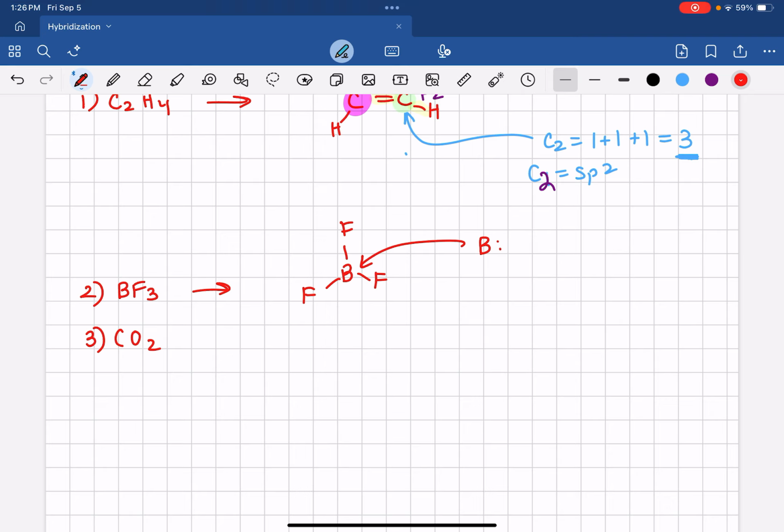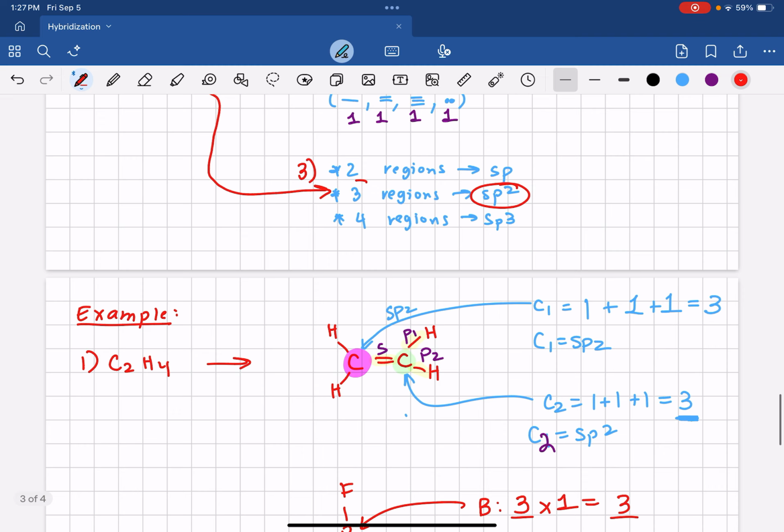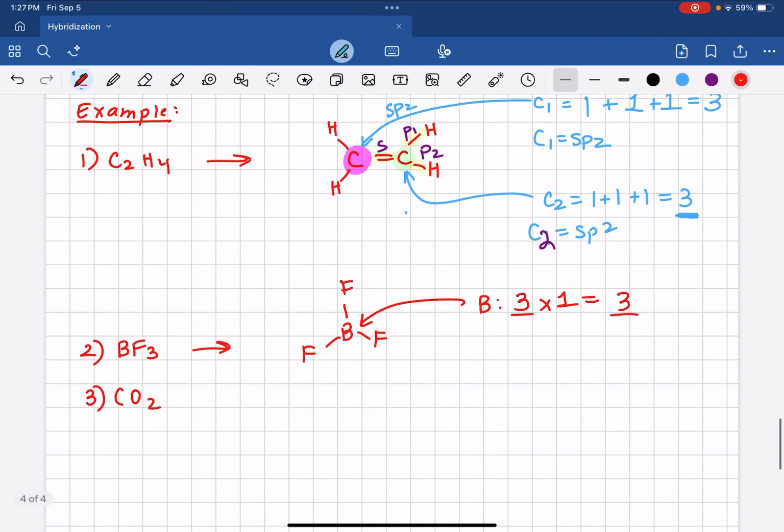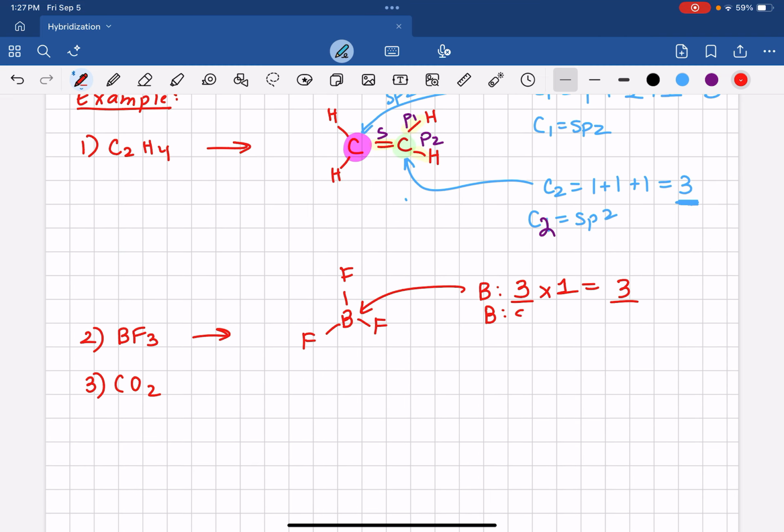Each one of them counts as 1. That gives me a total of 3. 3 regions, again, recap, 3 regions is sp2, giving me that boron has an sp2 hybridization.